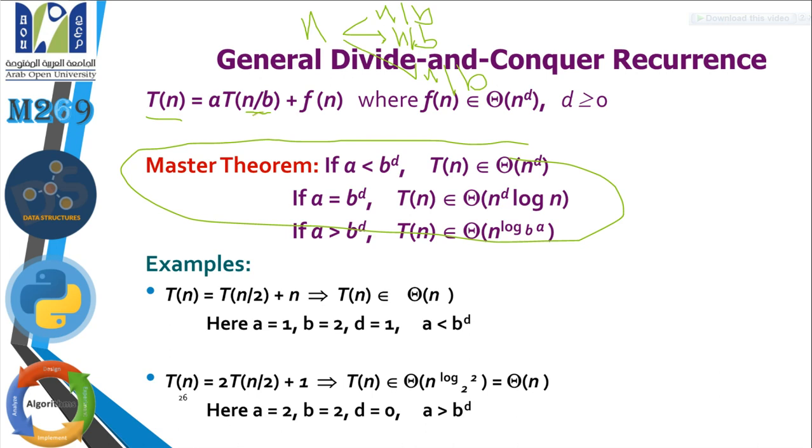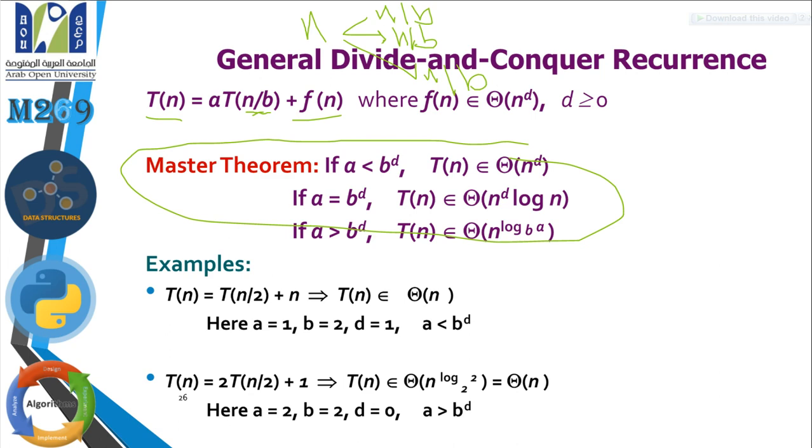So this is the sub-problem. What is f(n)? f(n) is the time needed to divide the problem and combine the solution. We call it f(n). This is a function which represents the time needed for dividing the problem and combining the solution.